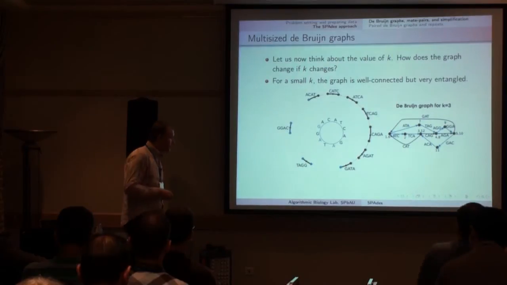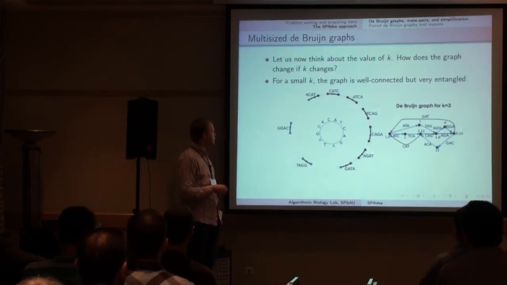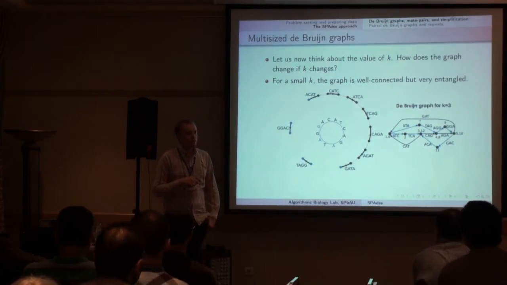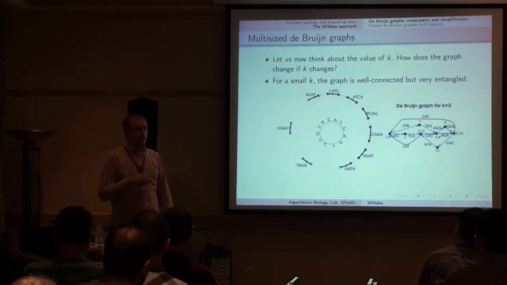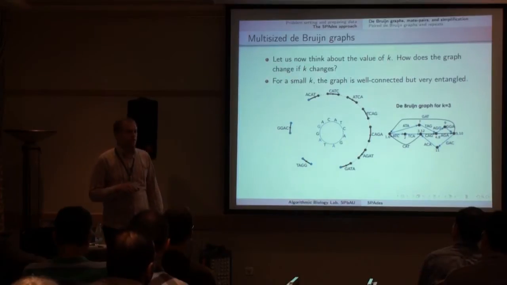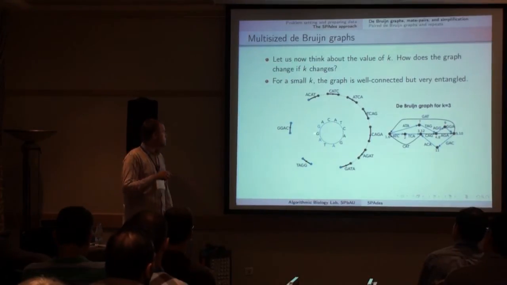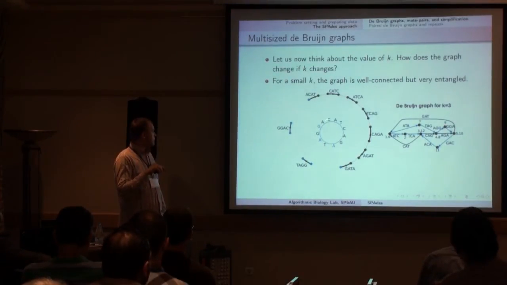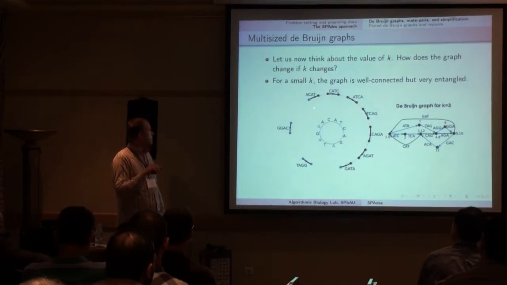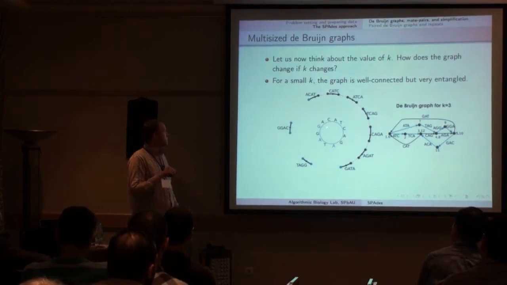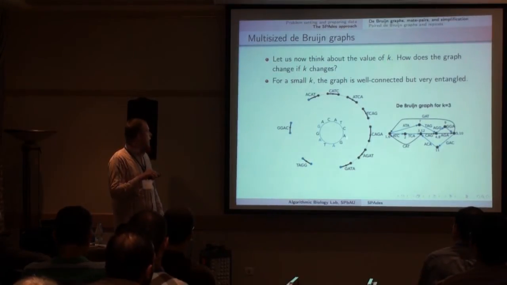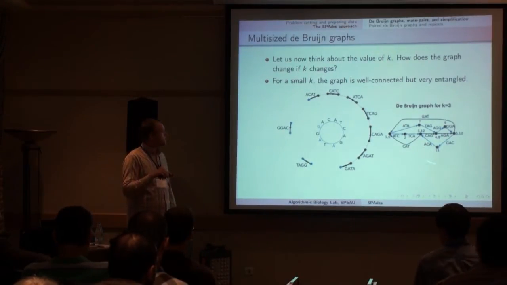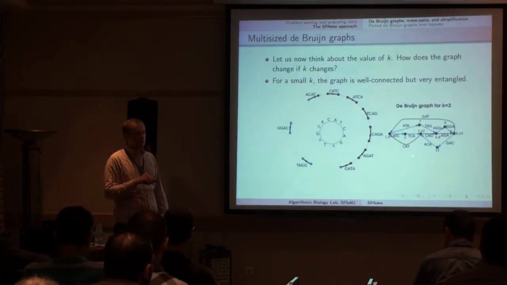Okay, next idea. Let us again go back to this simple example of a circular genome, and let us vary the value of k a little bit. So first, let's cover this genome by reads, and let us consider the de Bruijn graph for k equals 3 here. For k equals 3, you get this entangled mess which you do not know what to do with.